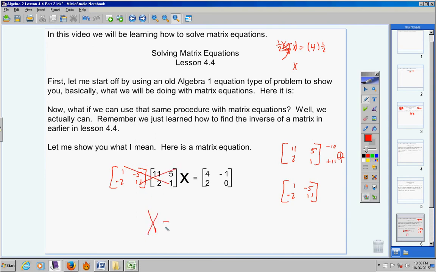Now here's where it gets tricky. And students, guys, look, I can only tell you this so many times, you're going to have to get it, okay? You will not get the answer right. You took this inverse right here, right? And you multiplied it by this side. Now you've got to multiply it by this side. So most of you want to pull it right up here and multiply. That's wrong.